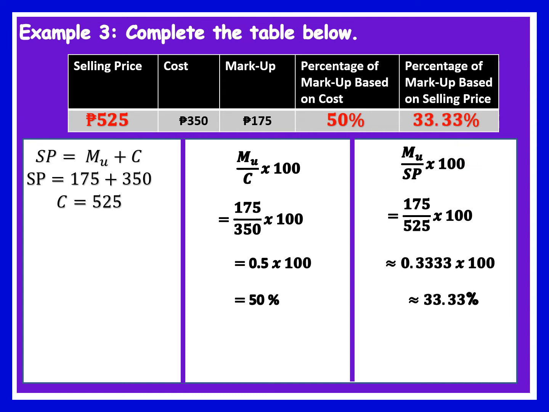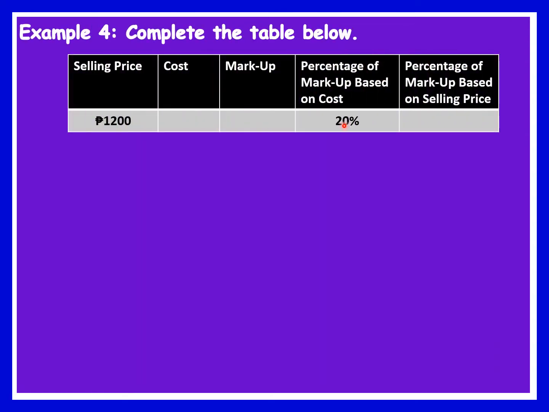Let us go to the next example. Number 4. We will complete the table where the selling price is given and the percentage of markup based on cost. So to compute for that, we are not going to use the formula to solve for the cost and for the markup.